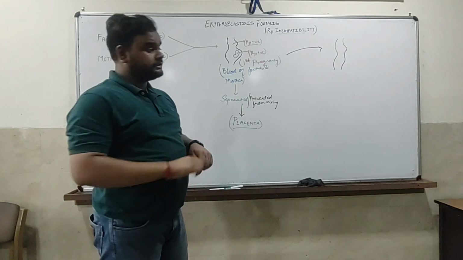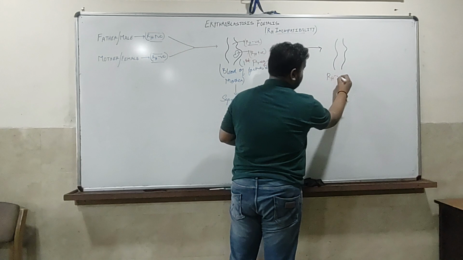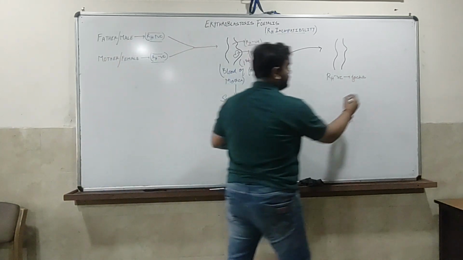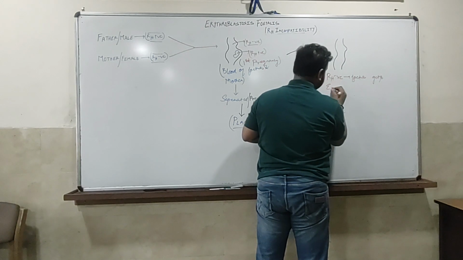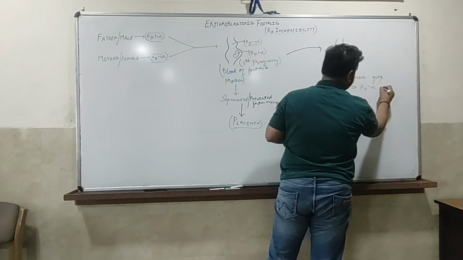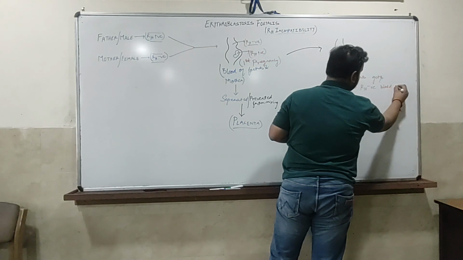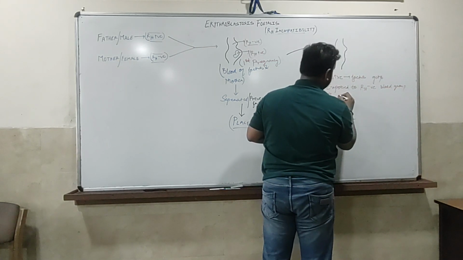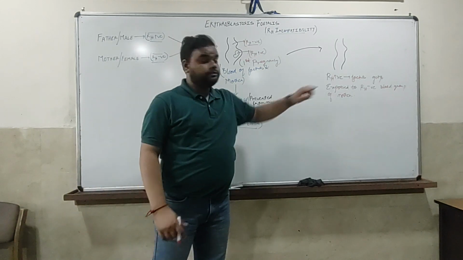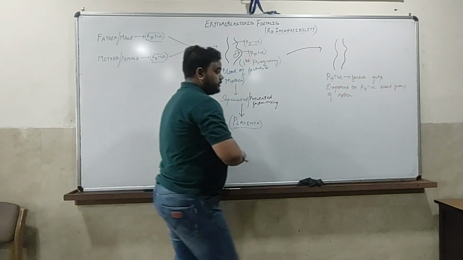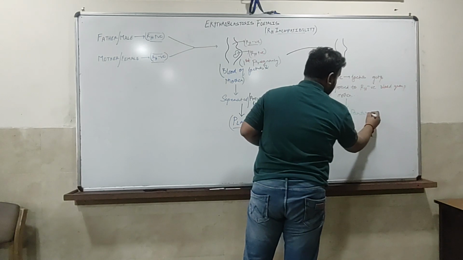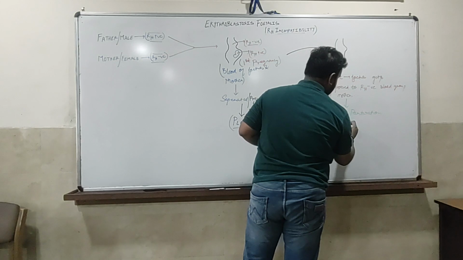Now, during the delivery of the first baby, the Rh positive blood group of the fetus gets exposed to the Rh negative blood group of the mother during parturition of the first pregnancy.